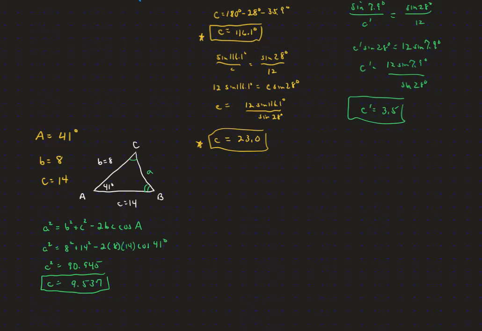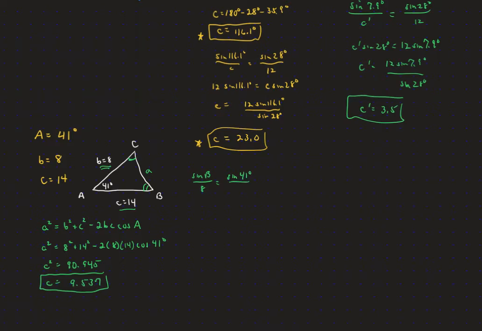Between the two, since 14 is opposite angle C and 8 is opposite angle B, the biggest angle is opposite the longer side, so C must be bigger than B. So I don't want to find angle C using law of sines. I'm going to save that one for last. So instead, I'm going to go sine of angle B over 8 is equal to the sine of 41 degrees over A. Oops, I said that was C. I didn't read my own writing there. That's really A.